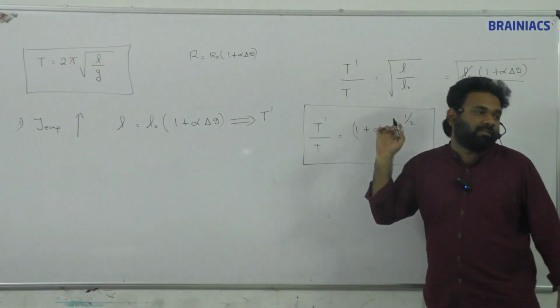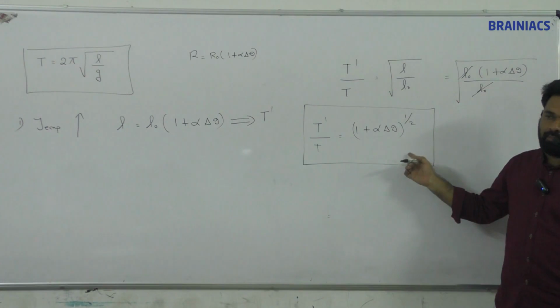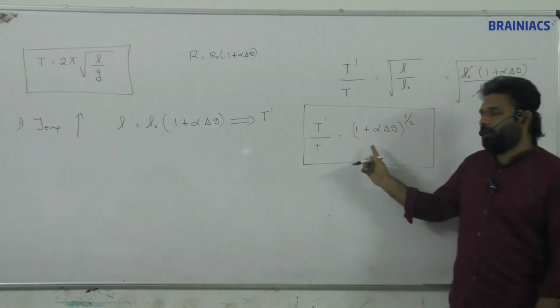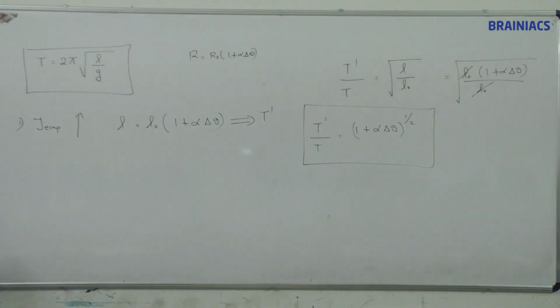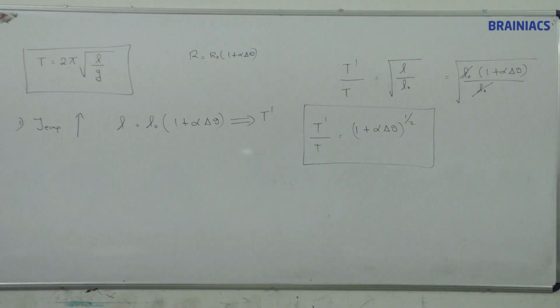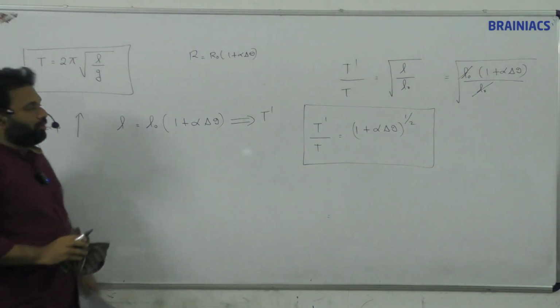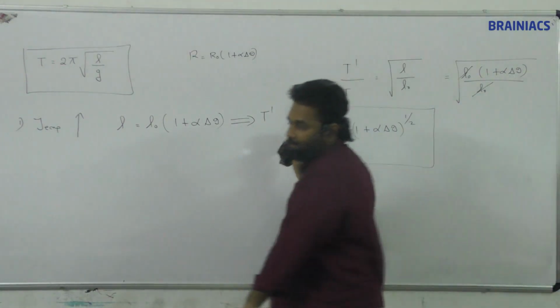We will revisit this topic when we start thermal properties of matter, and there I will spend some time on it. Okay, done. So this is one case: when we increase the temperature, the new time period is 1 plus alpha delta theta raised to 1 by 2 into T. All these things can come.